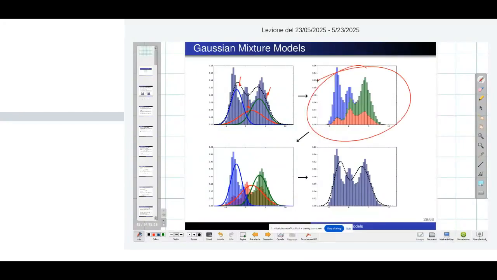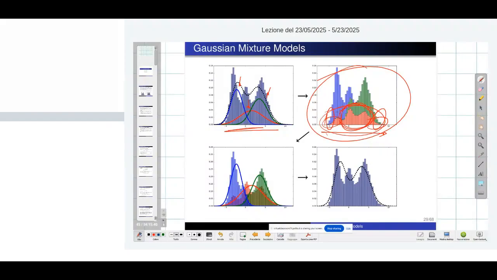We can see that at some intermediate iteration, all the components will still be affected by all the points, but points in this region will affect the green cluster very little, points in this region will affect the blue cluster very little, and on the other hand, the red cluster, which is somewhere in between, is still affected by points in both regions. But in any case, the majority of the weight for the red class comes from this region.